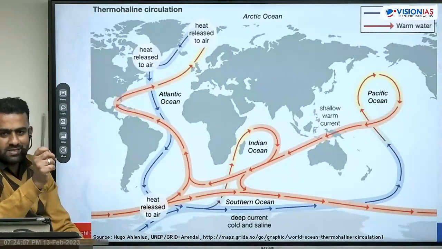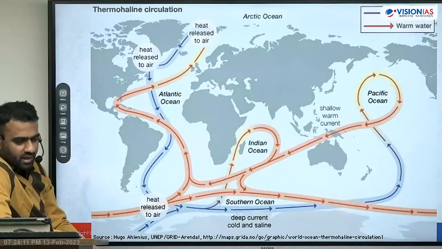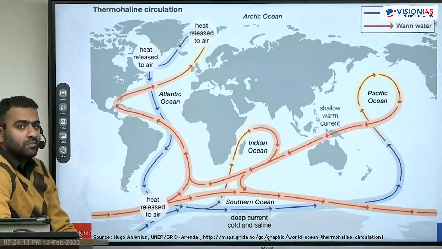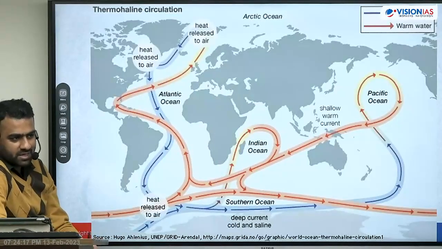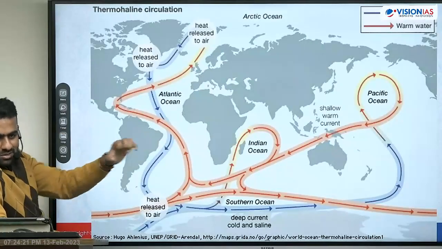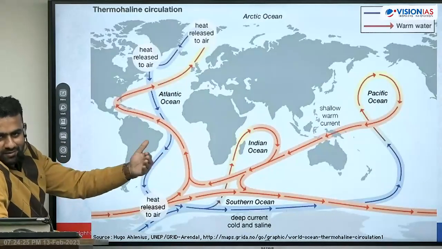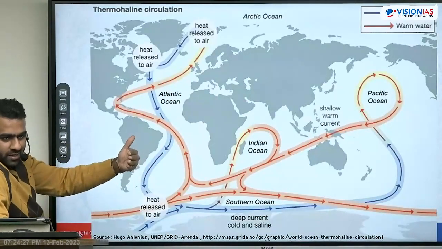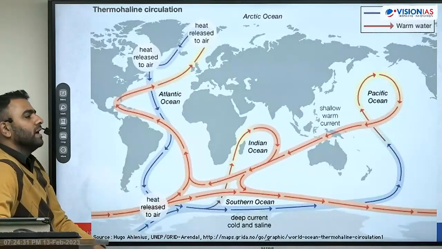That is why it is called thermohaline. Thermo means temperature, haline means salinity. The difference in temperature and salinity in different parts of the world causes the water to move from one part to another. That will push the water, right? So that generates the currents, and that is why it is called thermohaline circulation.